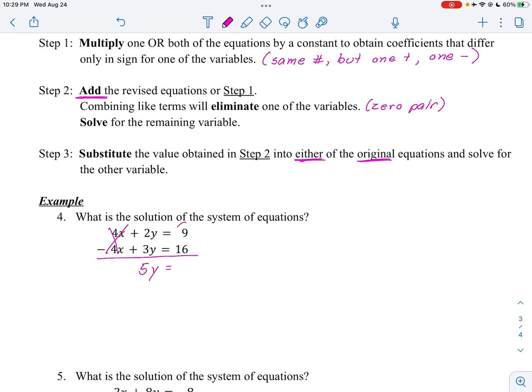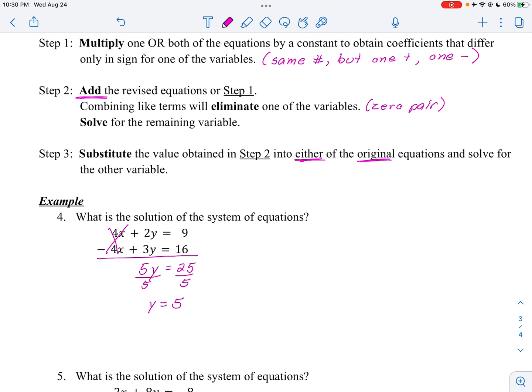Then I have my equal sign, and I take 9 plus 16, and that gives me 25. And as you can see, we now only have one variable, and that's very easy to solve for that variable from there. So we're going to simply divide both sides by 5, and I'm going to get y equals 5, because 25 divided by 5 is 5.